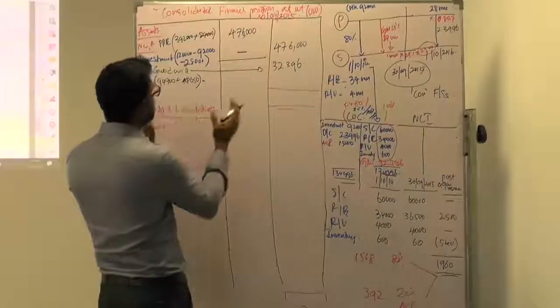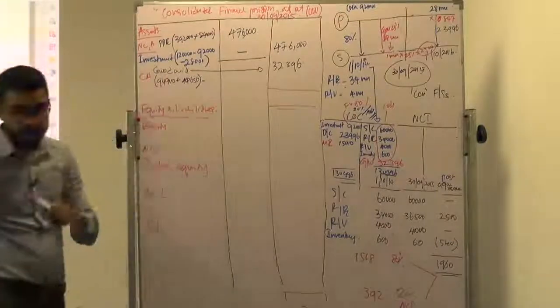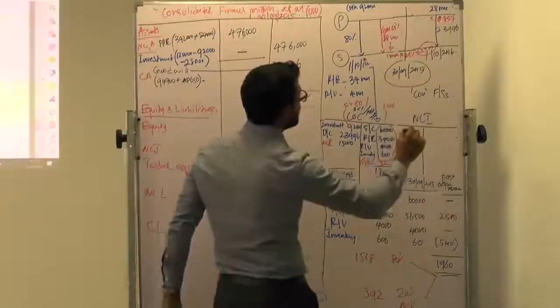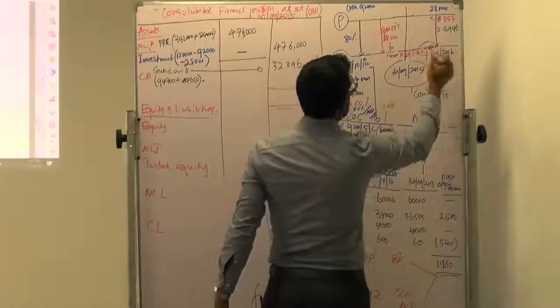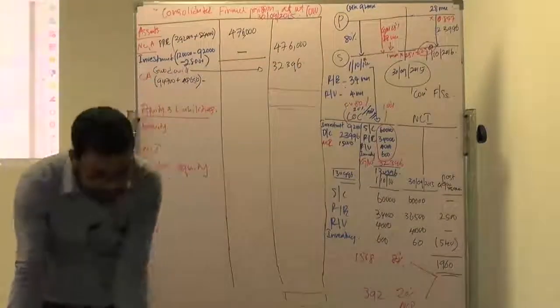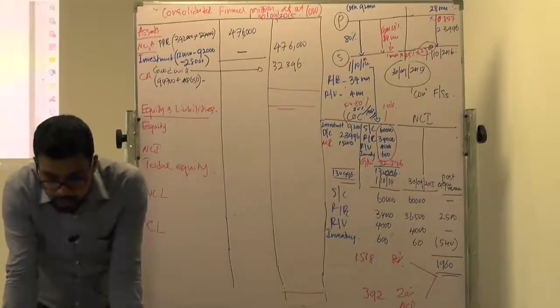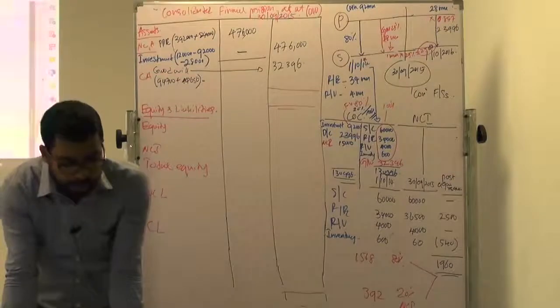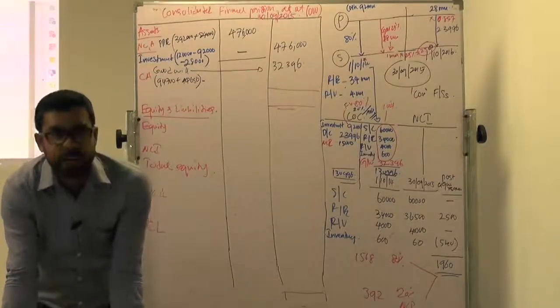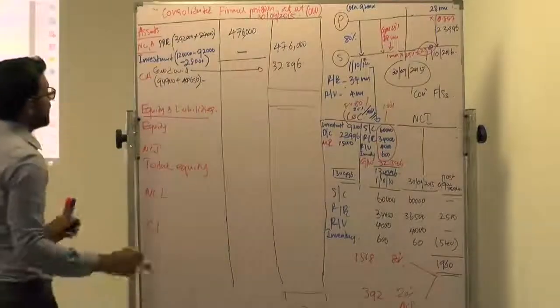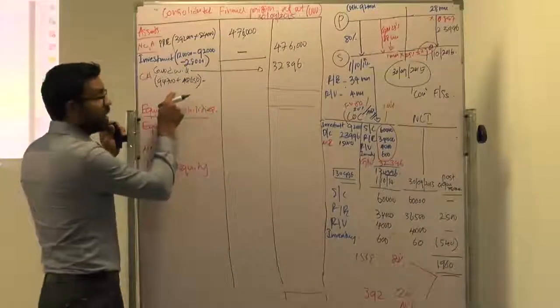First step of consolidation procedure: add. And you have to deduct what? There was unrealized profit. Unrealized profit 1,000 into 10%. 1 million into 10% here is 250. That is there in inventory.